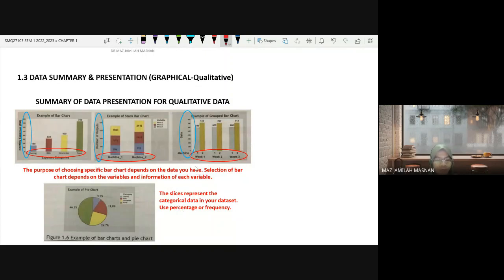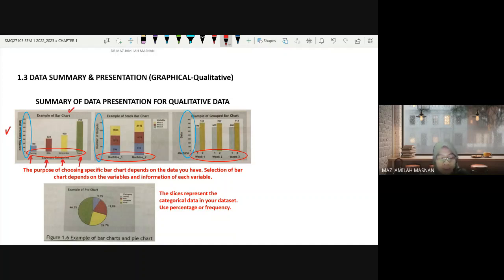For example, the first one is a bar chart, which shows the categories of your qualitative data presented on the x-axis. It depends on what type of chart you choose. If you look at Excel, the categories can be placed on the x-axis or the y-axis. It depends on which option you choose.